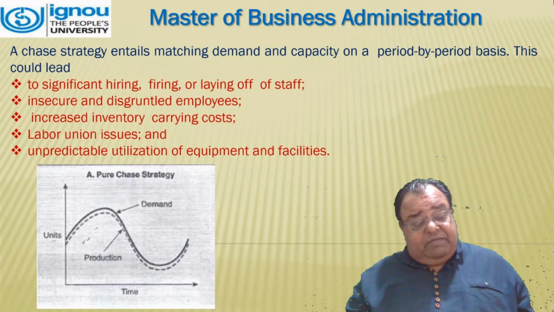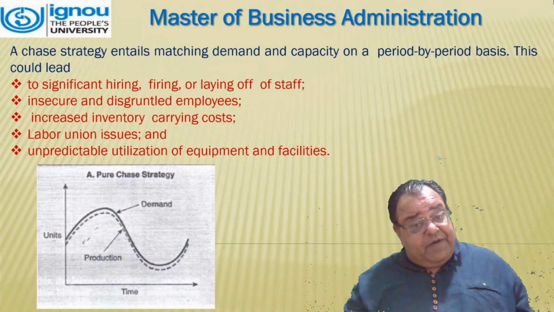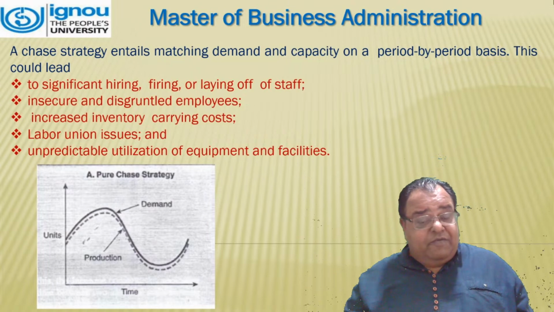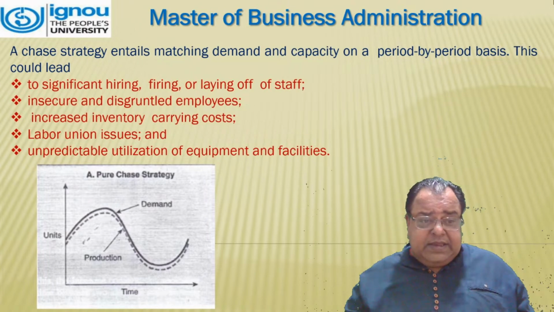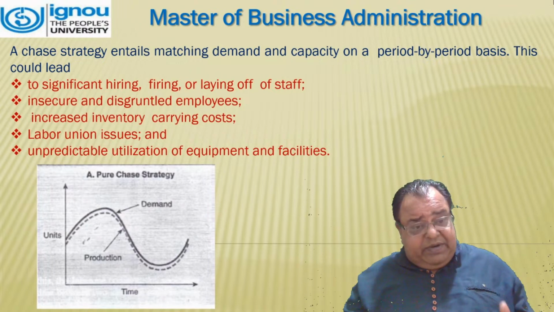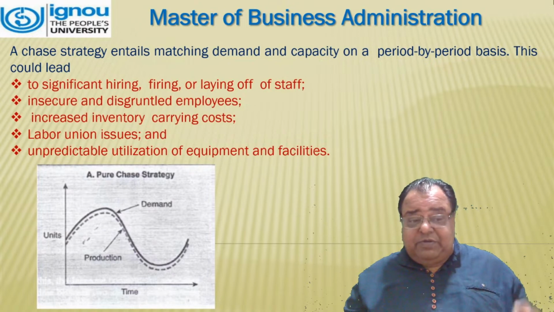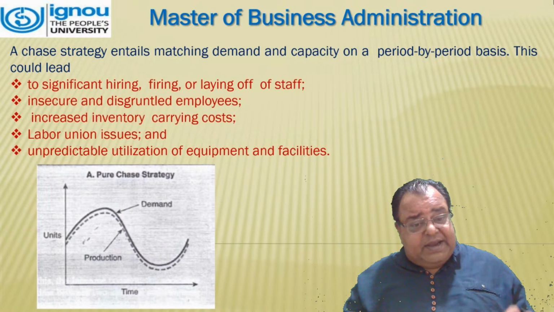This could lead to significant hiring, firing, and laying off of staff, insecure and disgruntled employees, increased inventory carrying costs, labor union issues, and unpredictable utilization of equipment and facilities.